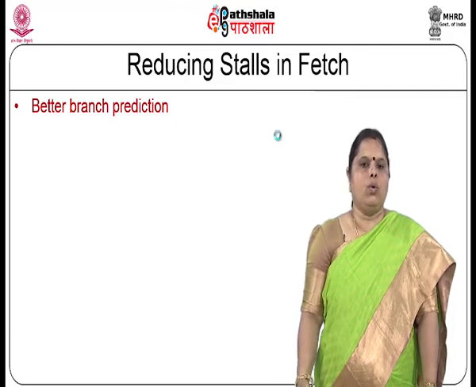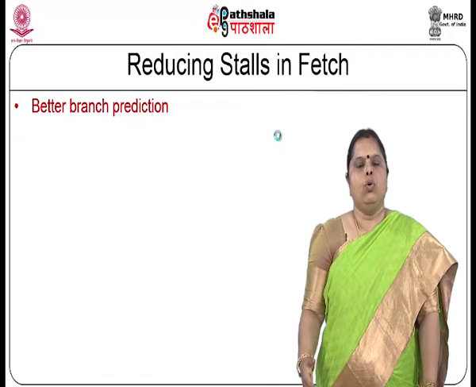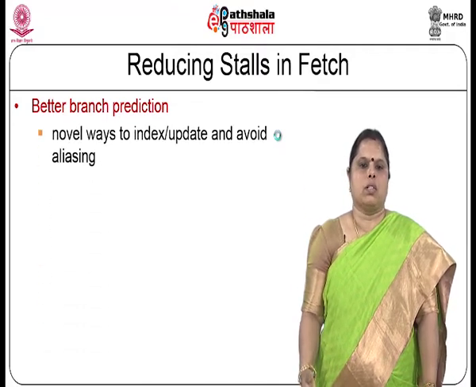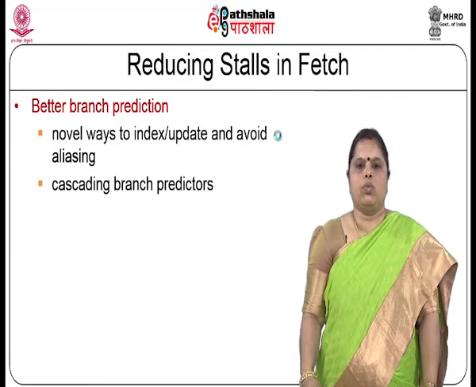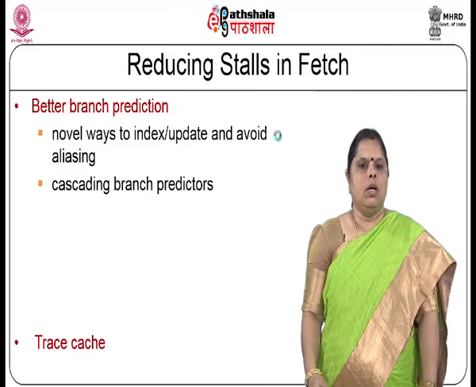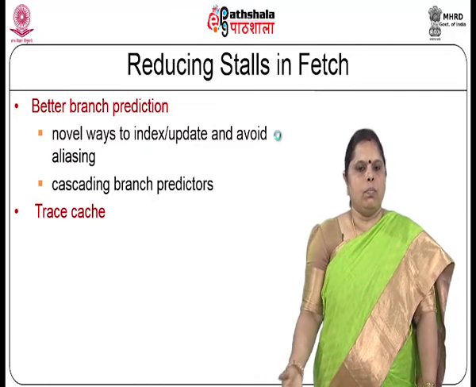If you are trying to issue multiple instructions every clock cycle, you will also have to fetch multiple instructions. And if you have to reduce stalls in your fetch operation, you will have to have better branch prediction, where you will have to find novel ways of indexing, updating, and avoiding aliasing errors. You will have to cascade branch predictors because you will have to look at multiple branch predictions.